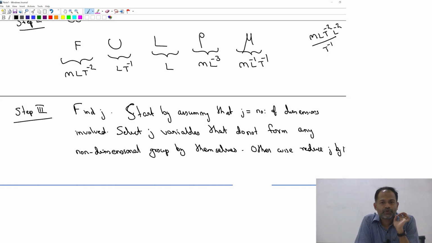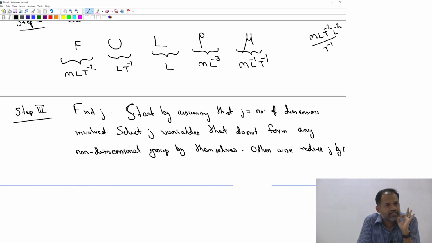So what we need to do now is we have got 5 variables, we have got the dimensions of them. Now we have to select a number from it, which I am going to call j, and I will select j to be the number of dimensions involved. So in the problem we have length, mass and time, 3 dimensions involved.